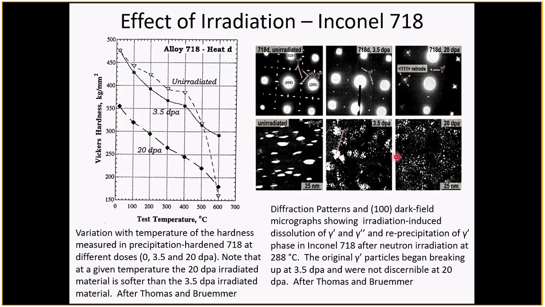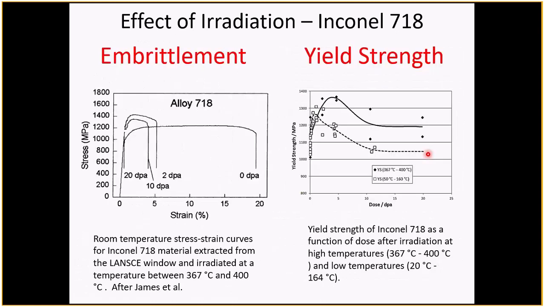And it's getting softer because you're dispersing the precipitates. Two things. You're disordering the precipitates, but generally most of this happens at a very low dose, very quickly in the first couple of DPA, but this thing takes a lot longer. But anyway, you've got two things going on here now.